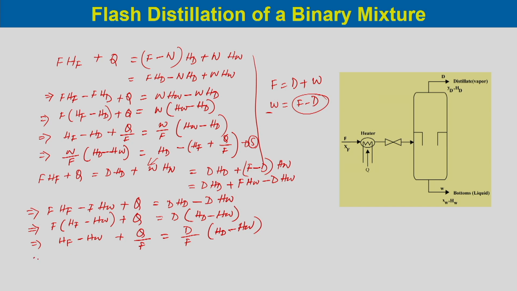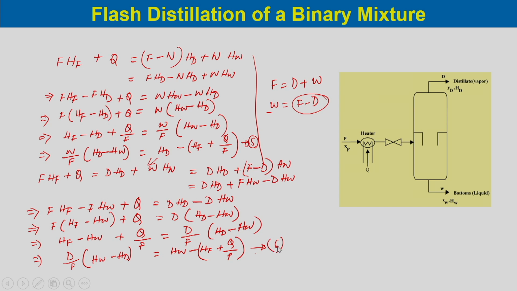So, from here we can write D by F into HW minus HD would be equal to HW minus HF plus Q by F. So, say this is equation 6.